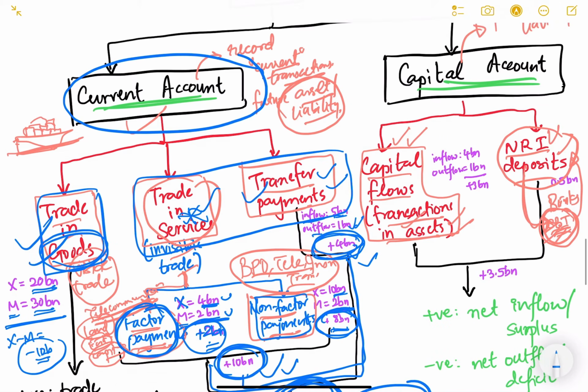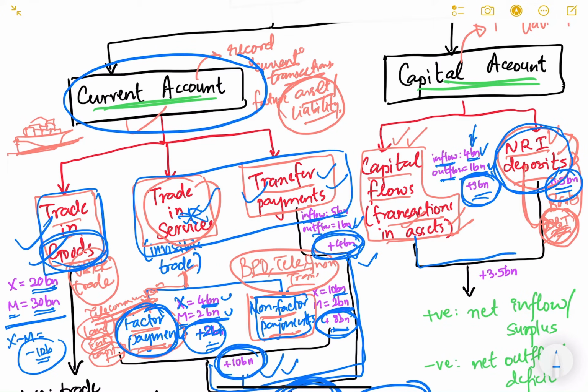Now let us come to capital account. In capital account, for example, if the inflow is say 4 billion, some outsiders are investing in India and the total inflow of capital in our country is 4 billion and outflow is 1 billion. So the net inflow is 4 billion inflow minus 1 billion outflow, 3 billion. Similarly, say NRI deposits in our country is 0.5 billion.